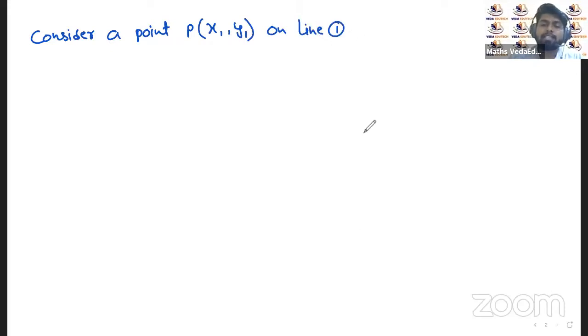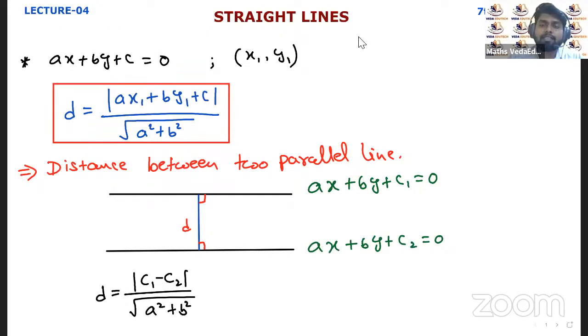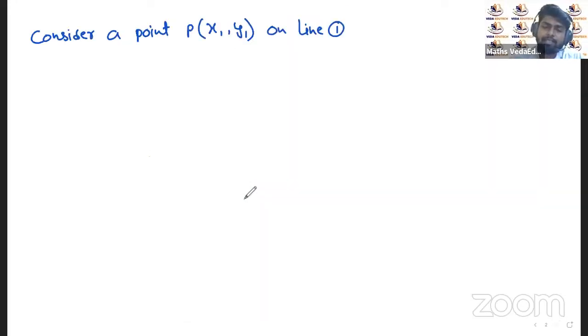Let us assume this one is the first line and this one is the second. So this point P is somewhere here, and this point P is nothing but x1 comma y1. If point P lies on the first line, ax plus by plus c1 equal to 0, it will satisfy that line also. So we can put this value there, and we'll get ax1 plus by1 plus c1 equal to 0.